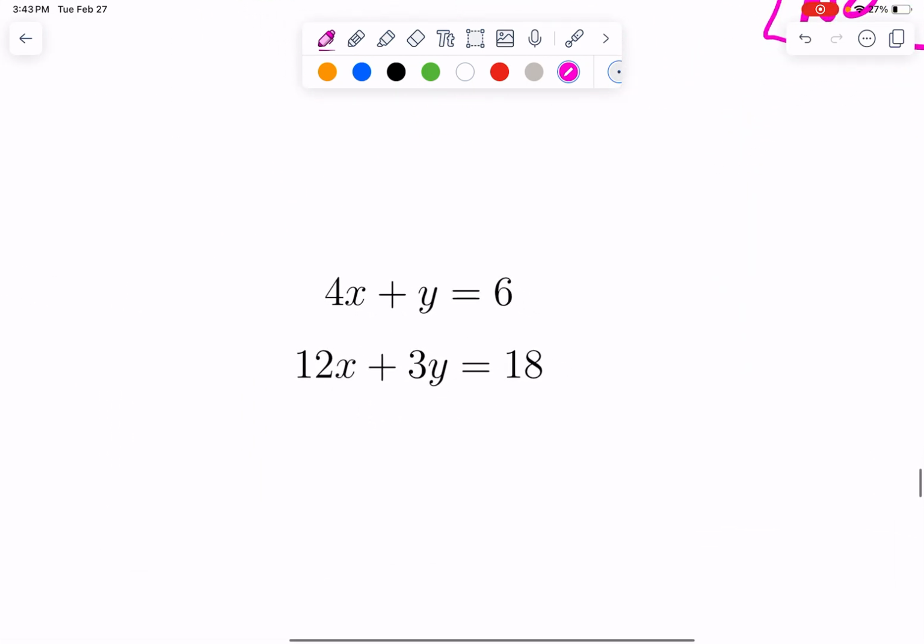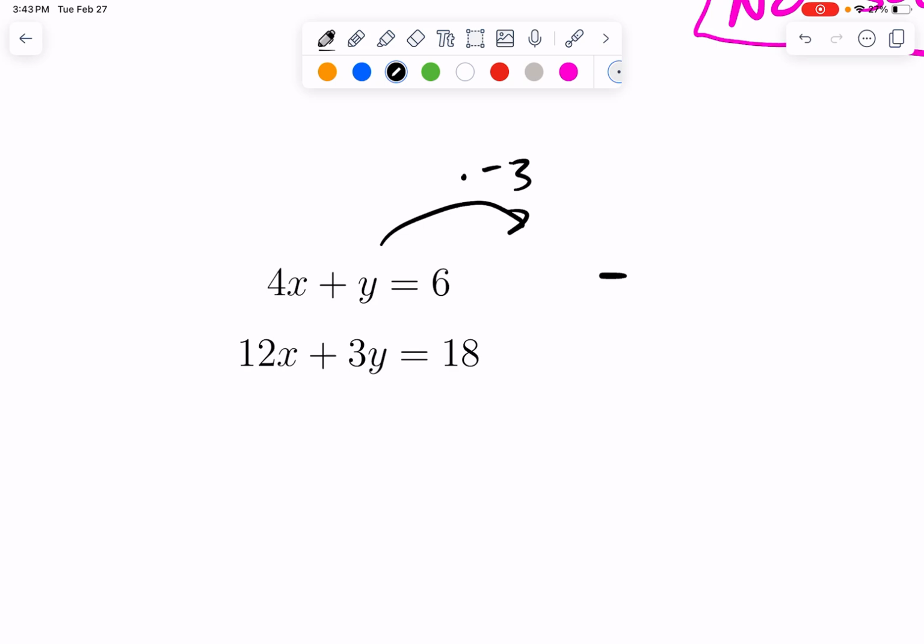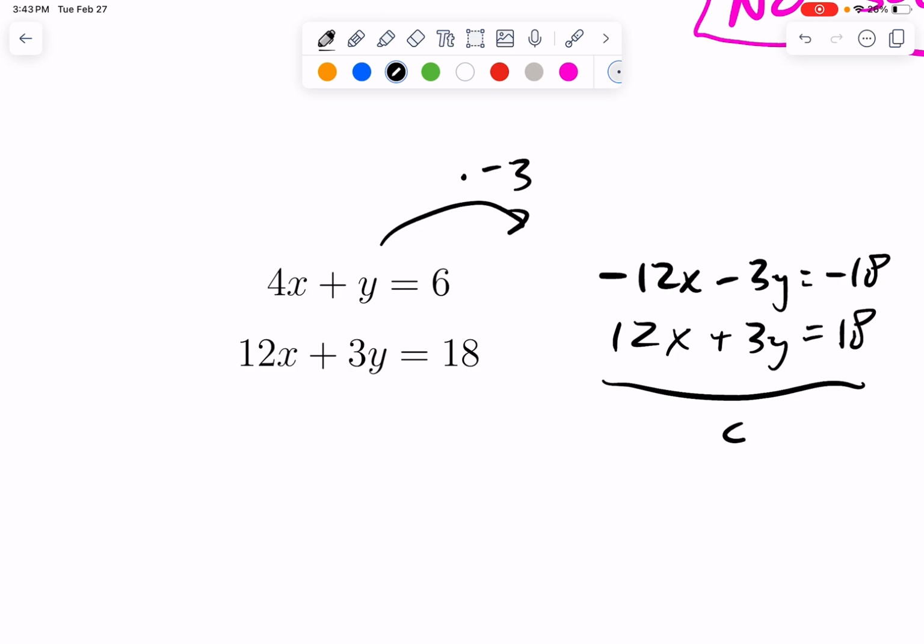Now for this one, I'm going to multiply the top equation by negative 3. And I would have negative 12x minus 3y equals negative 18. 12x plus 3y equals 18. And when I add this up, I get 0 equals 0, which is certainly true, but it doesn't really tell me anything about x and y.